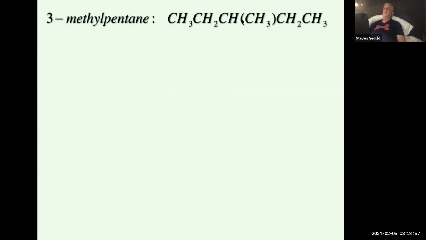Okay. Again, this is our structural formula right at the top here. Remember, this CH3 refers back to that carbon. So if we're going to draw the structural formula, I have CH3, I have a CH2, I have a CH.